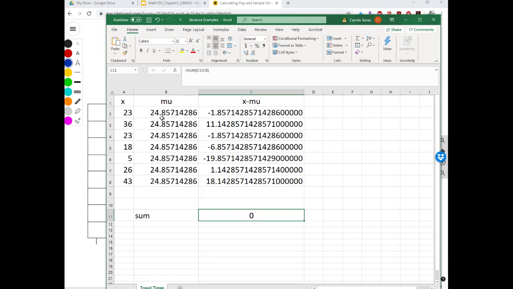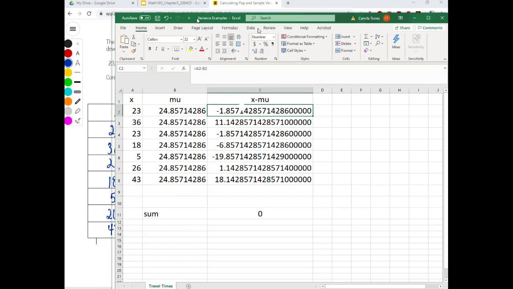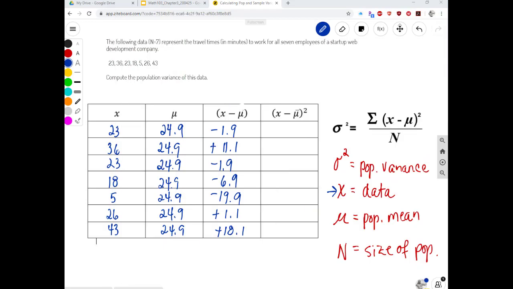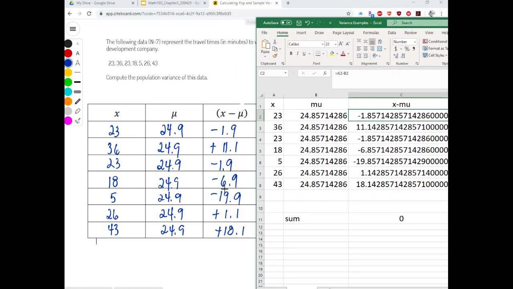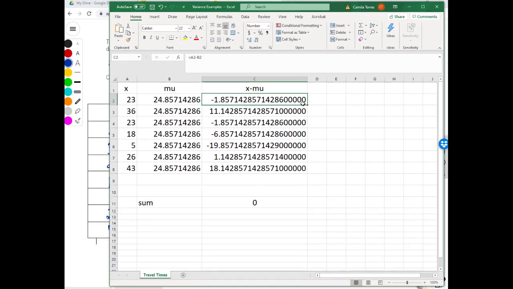It still gave me the 24.857 that I had when I did it by hand. This column is just the difference between x and mu. Here I have negative 1.857, whereas here I have negative 1.9. So instead of rounding, I've kept it going as far out as it would go until I started getting all zeros.